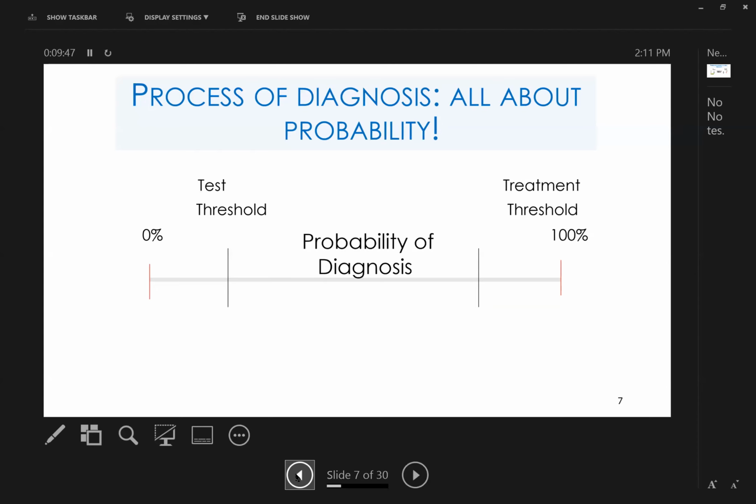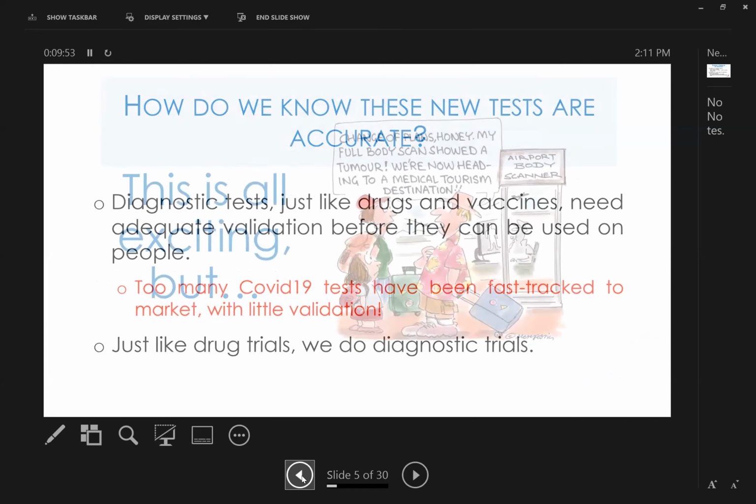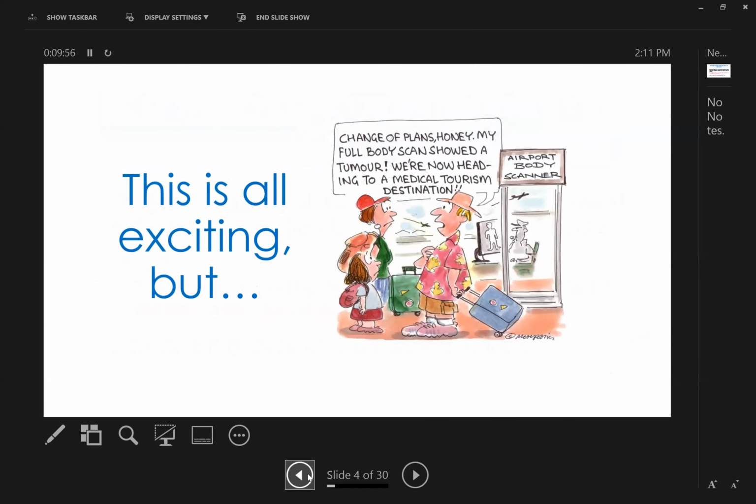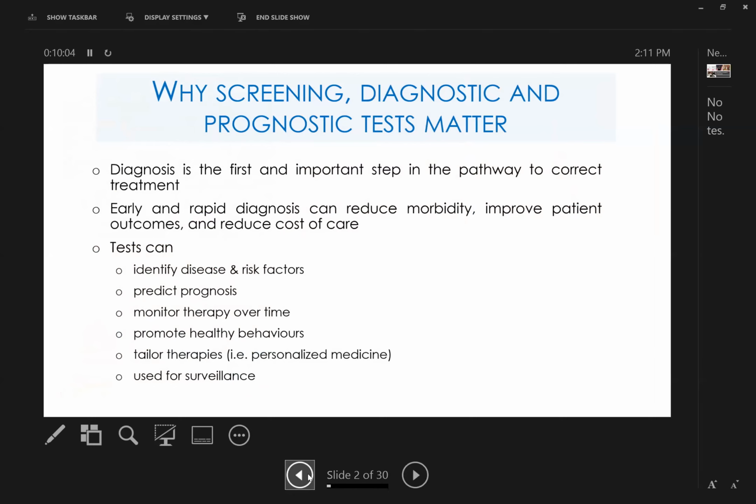Can you see the slide now? Yes, we can see the process of diagnosis. Okay. So you have not seen a single slide after the title slide? No. Okay, so let me go back then.